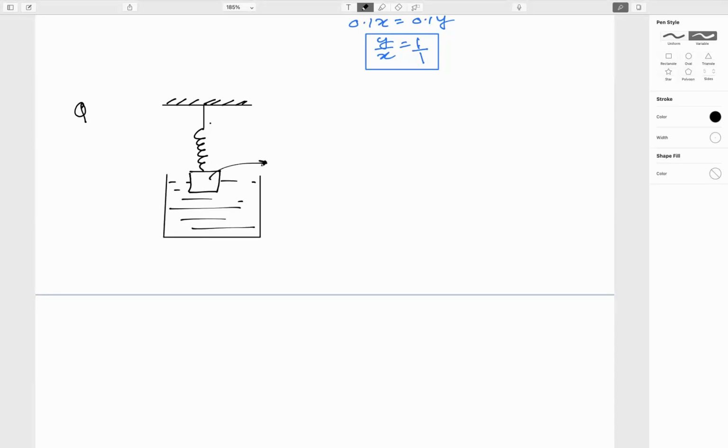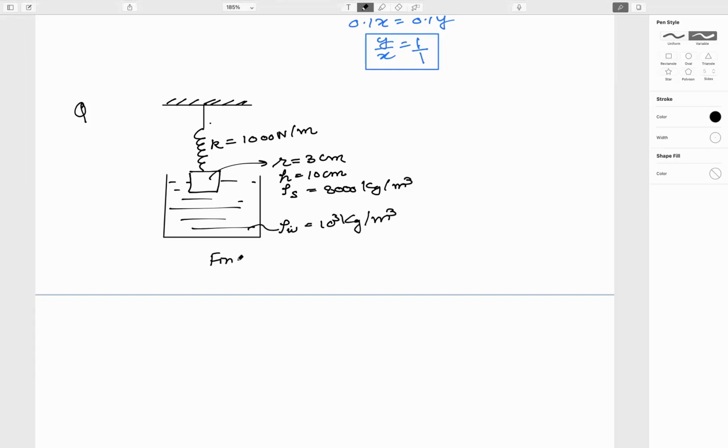The radius of this is 3 centimeter, height is 10 centimeter, density of block is 8,000 kg per meter cube, force constant is 1000 Newton per meter. Find the elongation in the spring. We'll discuss it at the start of the next class.